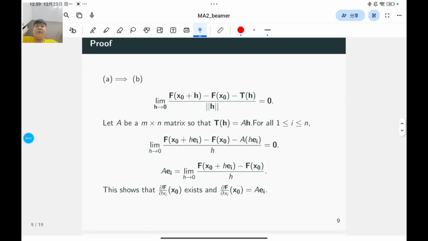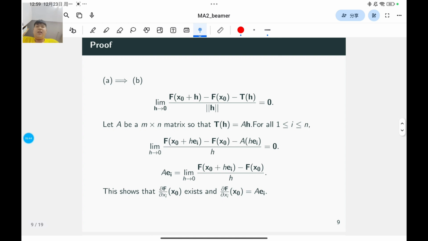First, we prove A implies B. Assume A is true, so we assume that function f is differentiable at x0, then there exists a T such that this limit is 0. Let A be an m by n matrix such that T(ei) equals A ei for i between 1 and n. This limit is 0 because it is true for all directions h, and obviously also true for each direction ei.